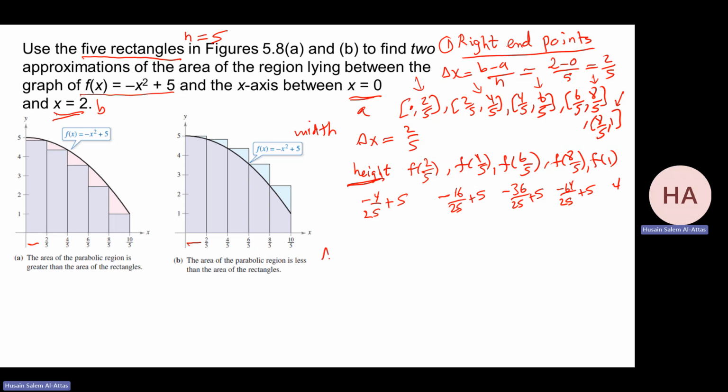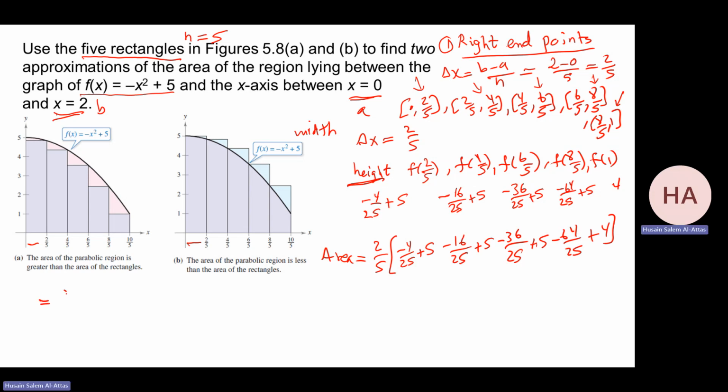So what will be the area? It will be 2/5 times this: minus 4/25 plus 5, minus 16/25 plus 5, plus 36/25 plus 5, minus 64/25 plus 5, plus 4.